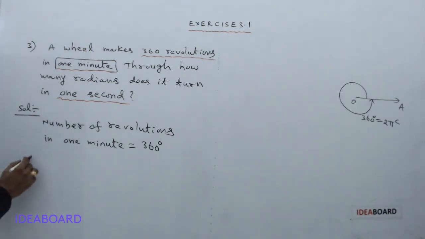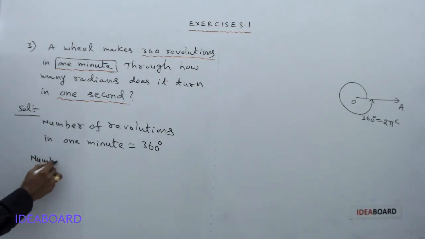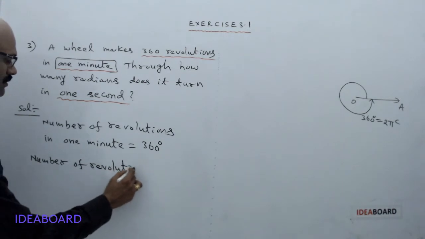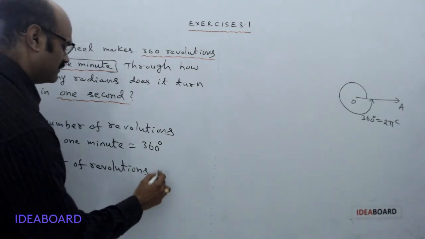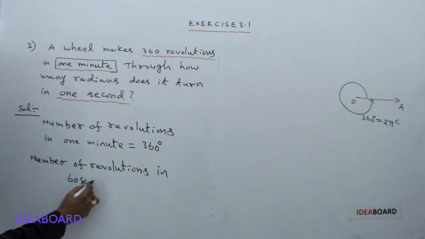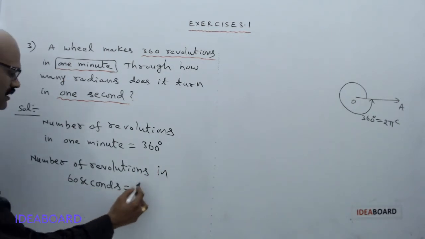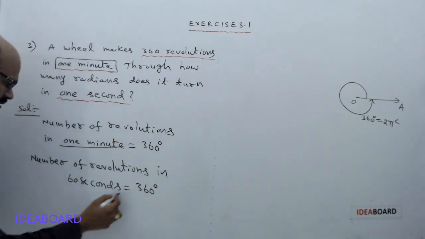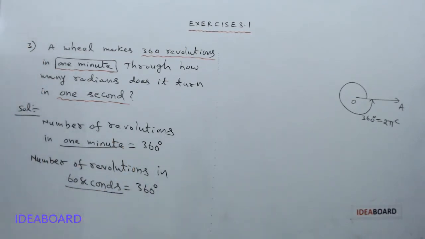Number of revolutions in 60 seconds equal to 360. 1 minute means 60 seconds.